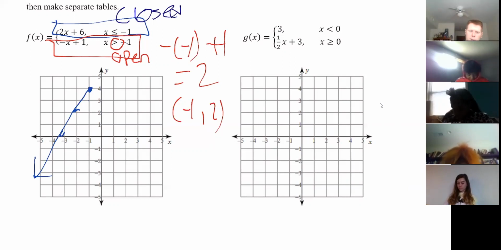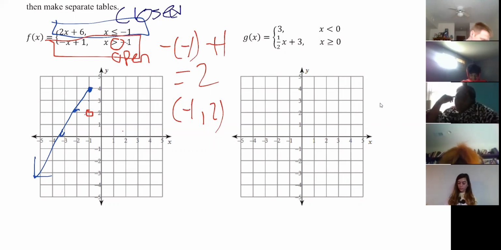So for this red function, I'm going to go to -1, 2. It's an open circle. All right, pencil. We go to -1, 2. Draw an open circle. That's important, because if not, this wouldn't be a function, since it wouldn't pass the vertical line test.